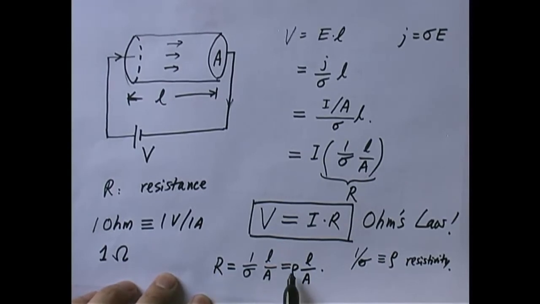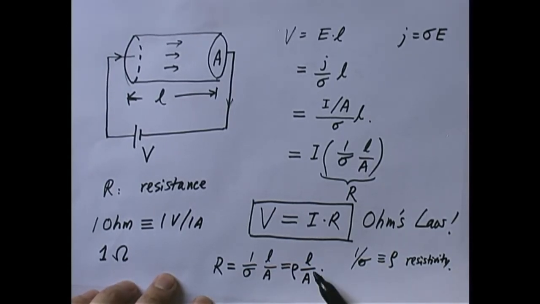Well, rho would be equal to R if L is equal to 1 unit and A equals 1 unit. So rho really is the resistance of a certain type of material with unit length and unit cross-sectional area. That's called resistivity, and it's a direct reciprocal of conductivity.